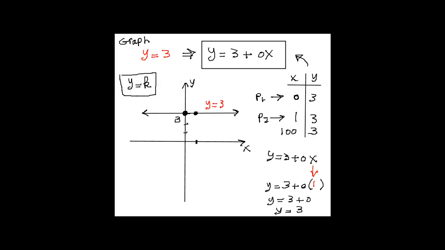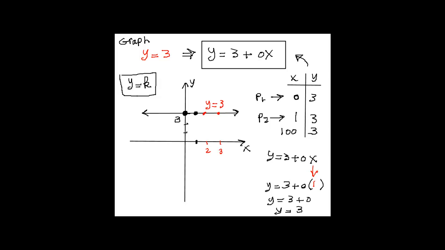If x equals 1, 2, 3, all the way to infinity, y would always be equal to 3, and that's why the equation turns out to be y is equal to 3. Can I see a check mark next to your name if you can follow this concept as well? It's very similar to the vertical line.